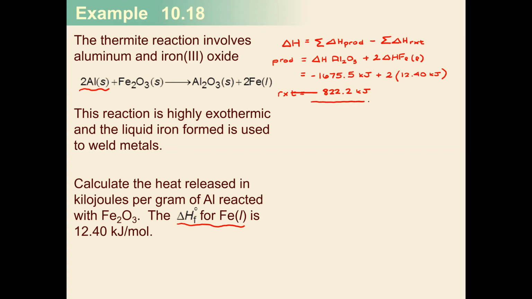So finally, we are going to get a delta H of our reaction to be negative 828 kilojoules per mole. Now, for a normal question in a textbook or a quiz, you would have probably already been given this or had some other way of providing this. But now that we've gotten it, we need to go and calculate the energy for 1 gram of aluminum.